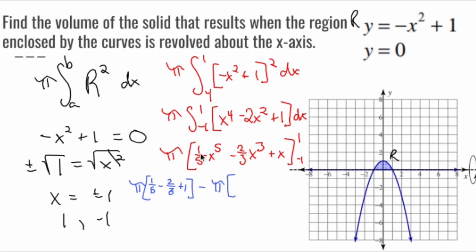So I have 1/5 times x to the 5th, which is negative 1/5. Same thing's going to happen here, but that's going to be positive 2/3 minus 1. If you're looking at that, you're like, oh, this is the exact same. After I distribute the negative, this is the same as that. That makes sense because these are perfectly symmetrical.